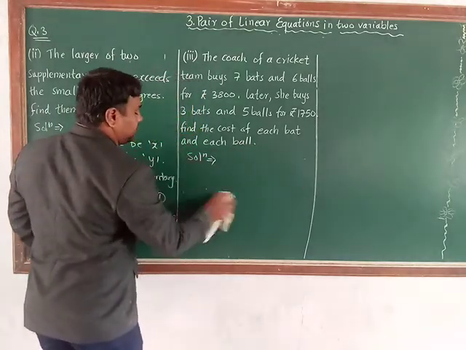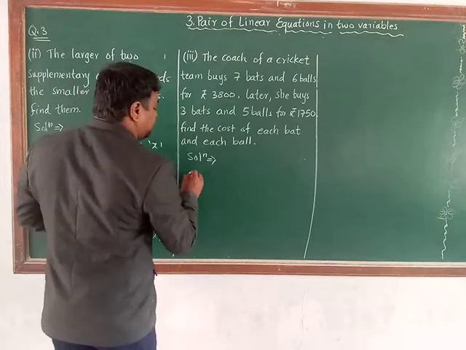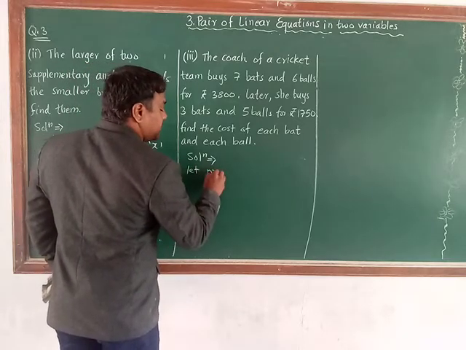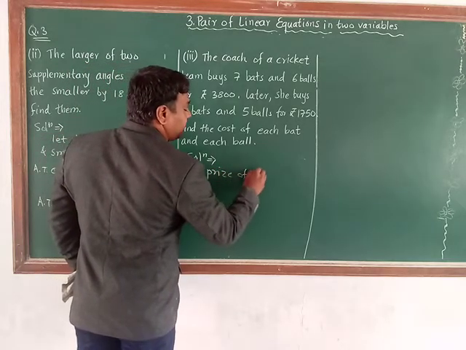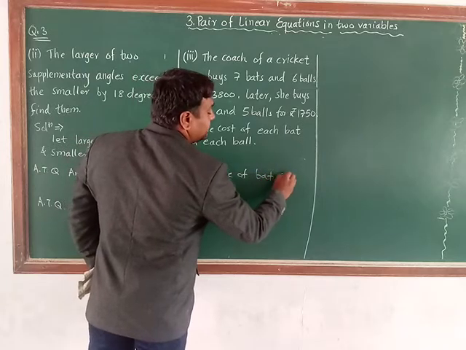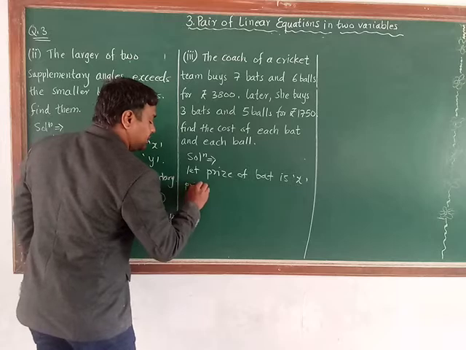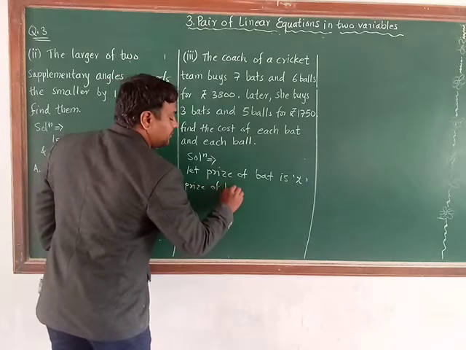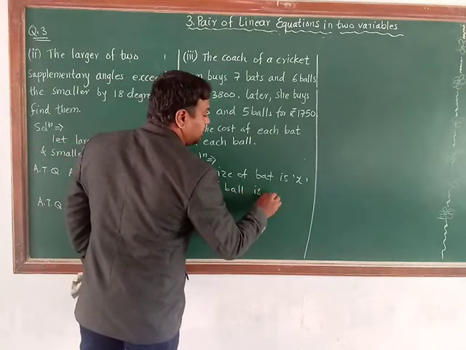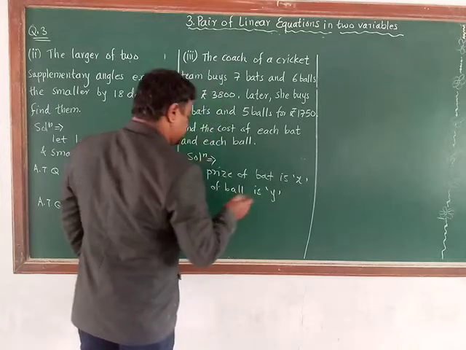So I am writing over here: let the price of bat be x and price of ball be y.